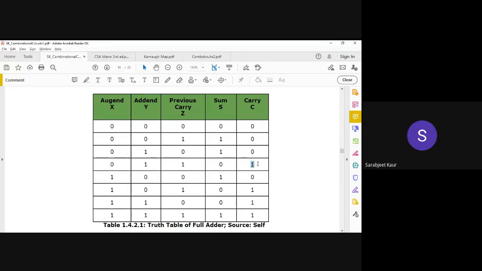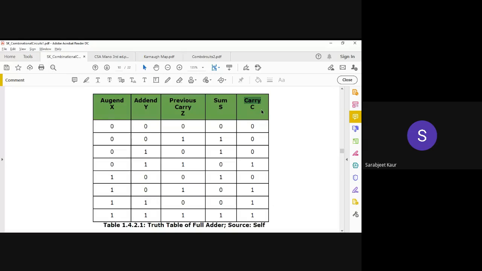Okay, so carry in, this is the previous carry, is also sometimes known as a carry in, because it is coming to get added along with the augend and the addend from the least significant bit. This carry is sometimes also known as a carry out. Why?